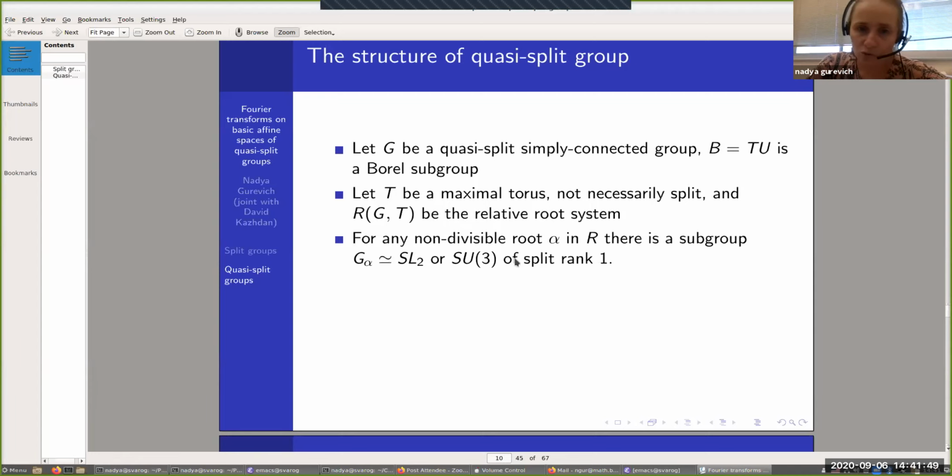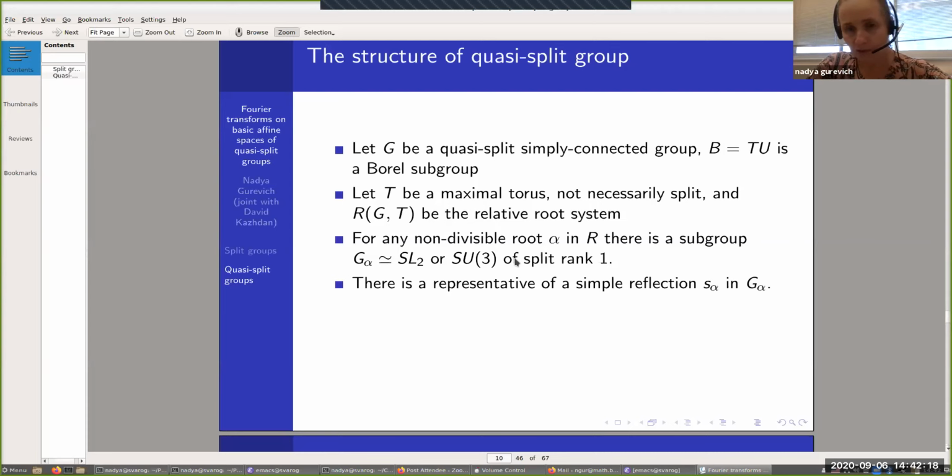One of them is SL2 and another is SU3, the group of automorphisms preserving a Hermitian form on a 3-dimensional Hermitian space. The Weyl group, as before, is generated by simple reflections, where every simple reflection corresponds to a non-divisible relative root in R.